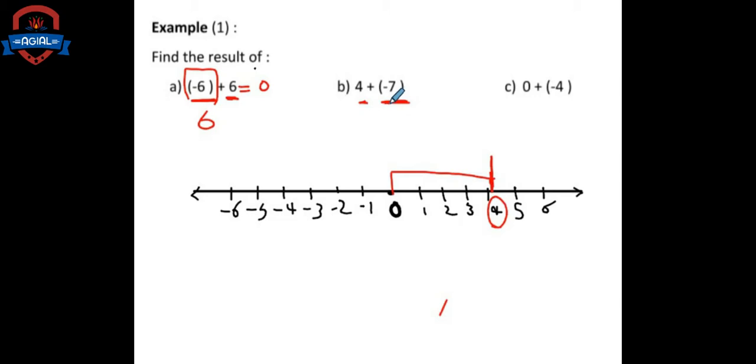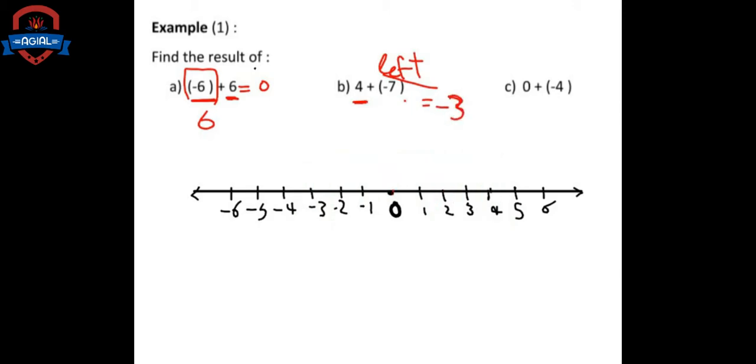So we move to the left because the sign is negative. We move to the left 7 units: 1, 2, 3, 4, 5, 6, 7. And stop here. So the answer is negative 3. So 4 plus negative 7 equals negative 3.